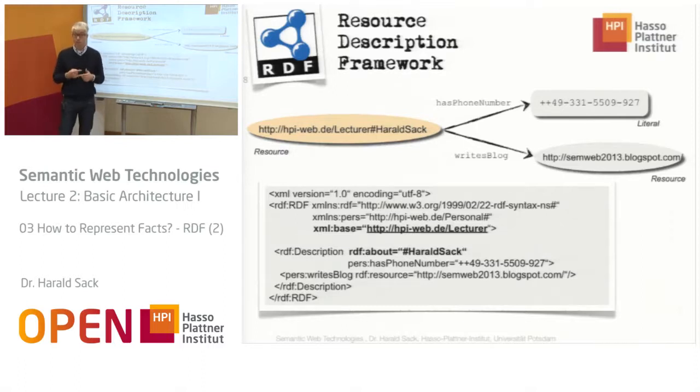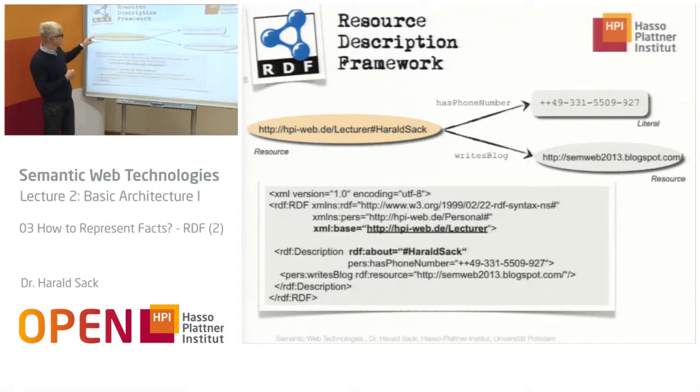But if I want to talk about the person, I have here, for example, a file where information of the person is provided, and inside that file I have also an identifier created that marks up me, myself, as a person. So it's denoted here as the file name, then the fragment identifier, this hash, and then my name as a fragment identifier within that file, and we are talking about me as a person. And there again, I have a telephone number, and of course I am writing a block.